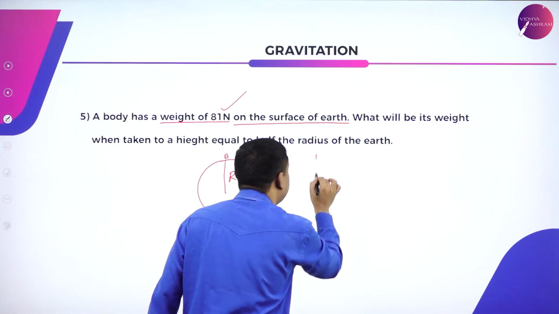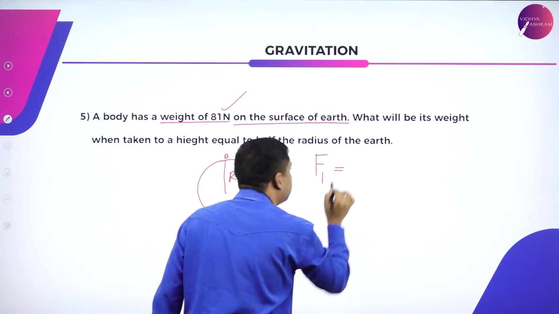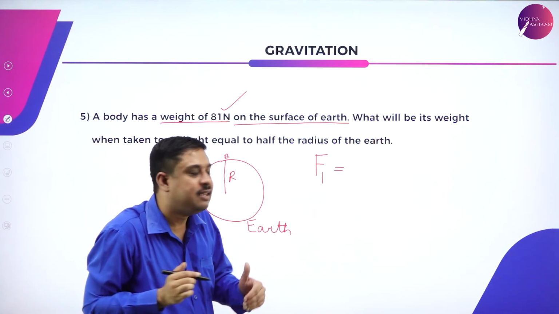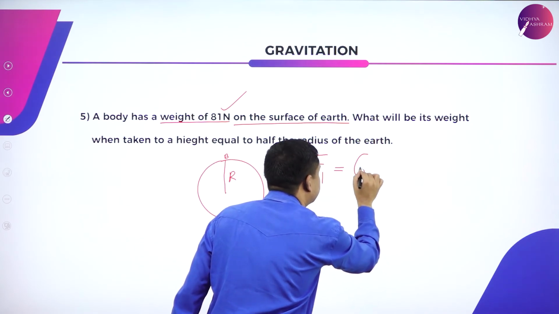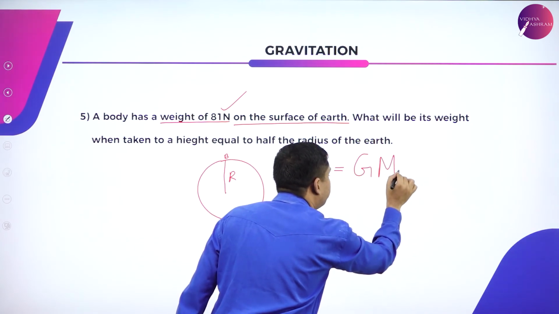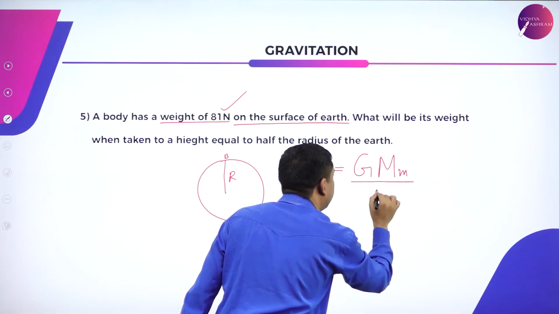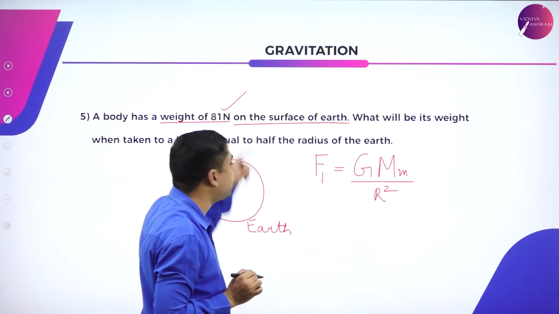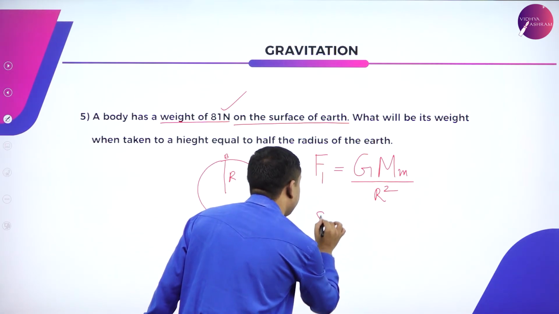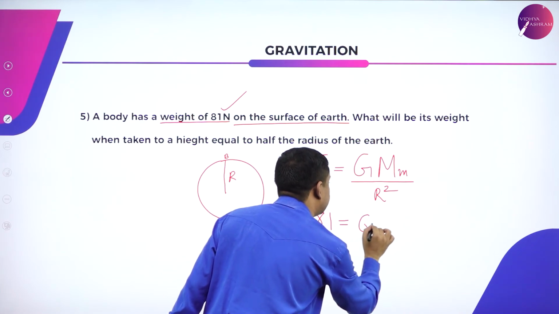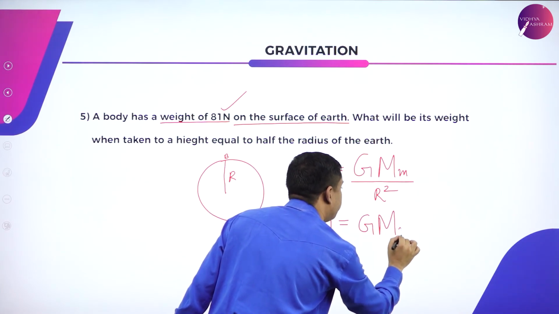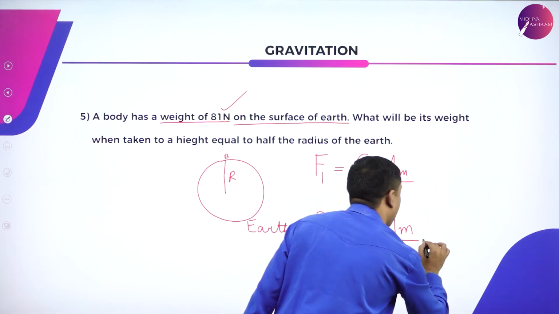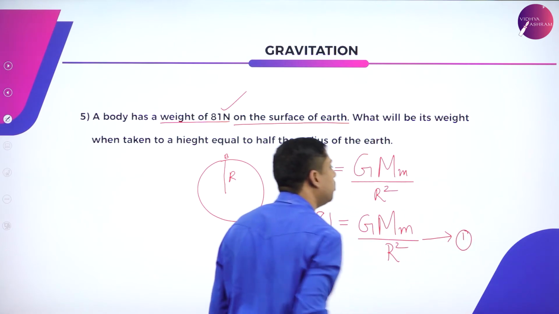So I know F1, the force of attraction between the body and the earth, is G M m by R square. So how much is F1? It is already given. 81 equals G M m by R square. I call this equation 1.